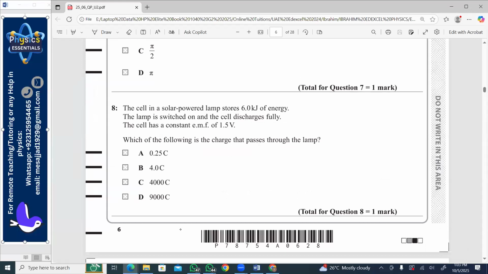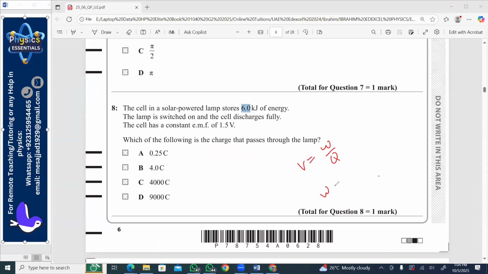The cell in a solar powered lamp stores 6 kilojoules of energy. Okay, the lamp is switched on and the cell is discharged fully. The cell has a constant EMF of 1.4. Which of the following is the charge that passes through the lamp? Okay, so just do voltage equals work over charge.